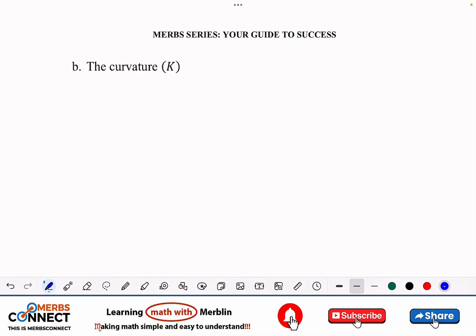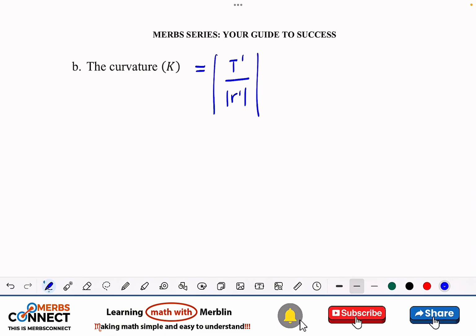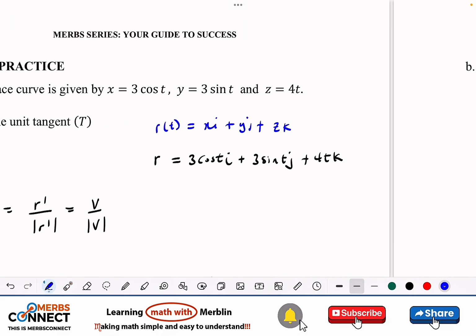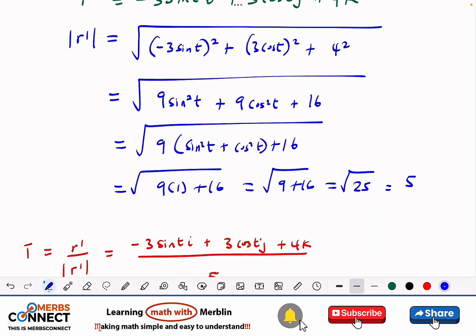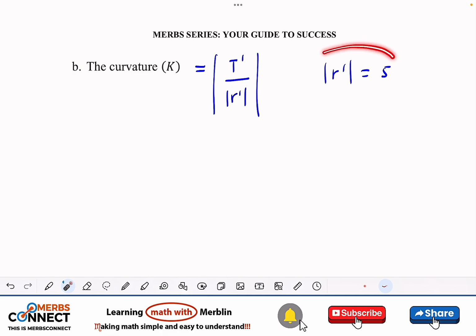Let's look at the curvature, right? So we know that curvature is equal to t prime divided by the magnitude of r prime. We found the magnitude of r prime, and we had 5 from here. The magnitude of r prime here is 5. Now what is t prime?